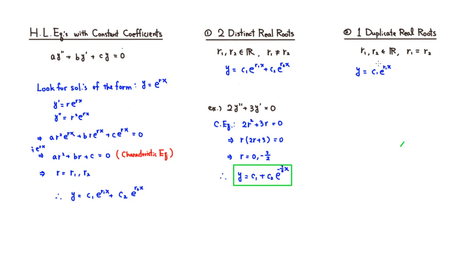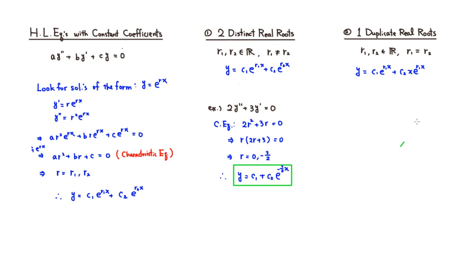For the second one, we cannot use r2 because it's the same number as r1, so we have to multiply by x. It's c2 x times e to the r1 x, or r2 x, that doesn't matter because it's the same number. That's the form of the solution.